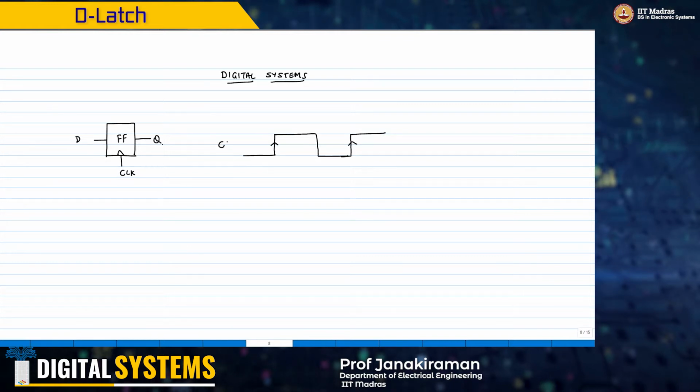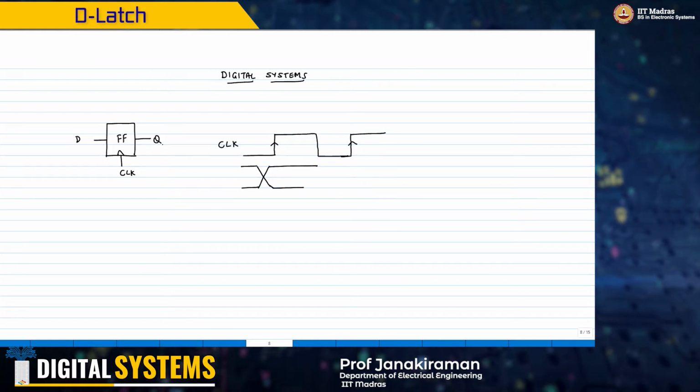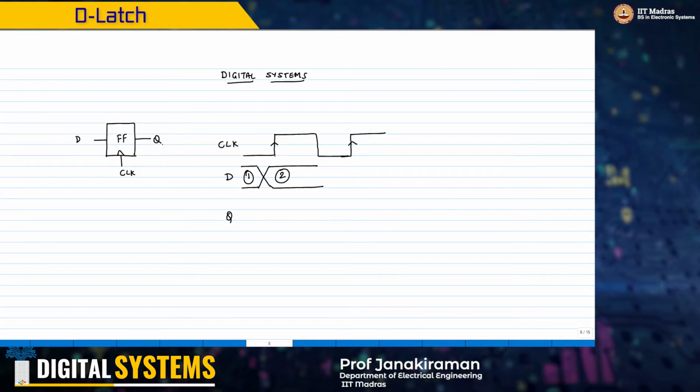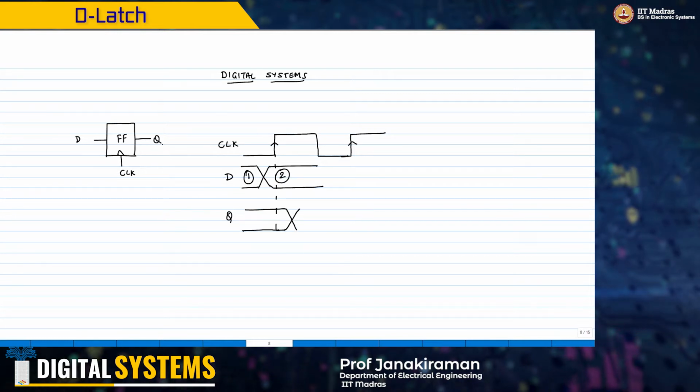So if this is your clock and this is your data, I will stick to this notation even though this is just one bit. If this is going from state 1 to state 2, obviously I want state 2 to be sampled here, and held for the rest of the period.